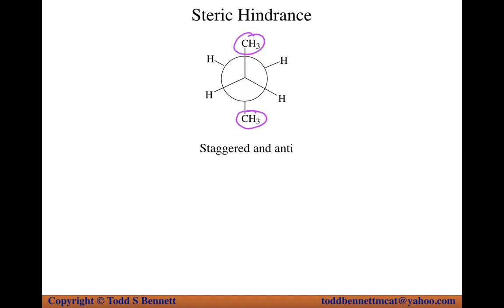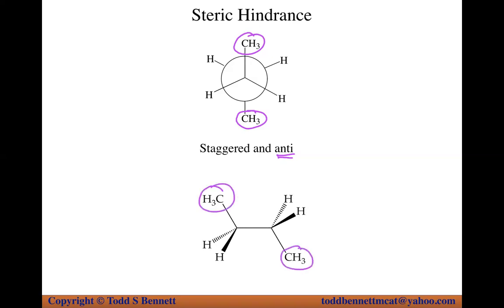So we refer to those groups being anti, and they're opposite one another, and the overall structure is staggered. So like this one, the CH3 is in the same plane but going up. This is the same plane but going down. They're anti-periplanar or anti.